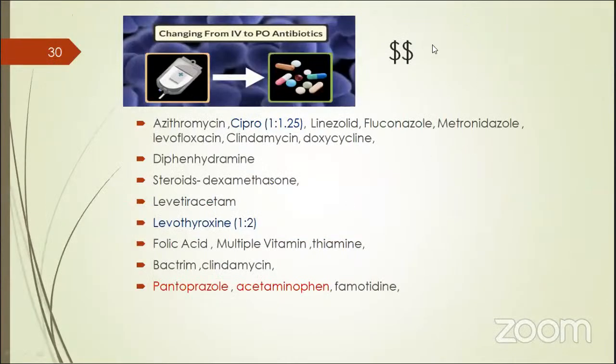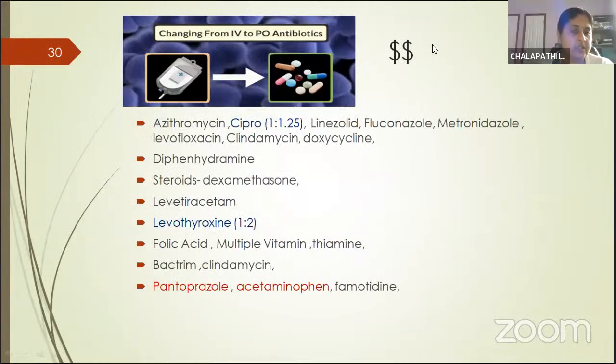Okay. This is a list of drugs which are generally preferred for IV to oral change because we save a lot of money, and the complications are also reduced when we do oral antibiotics. But one thing we need to keep in mind is that there are mostly two drugs where we don't do one-to-one. Usually if a patient is on 500 milligram levofloxacin, we can give 500 milligram oral levofloxacin.